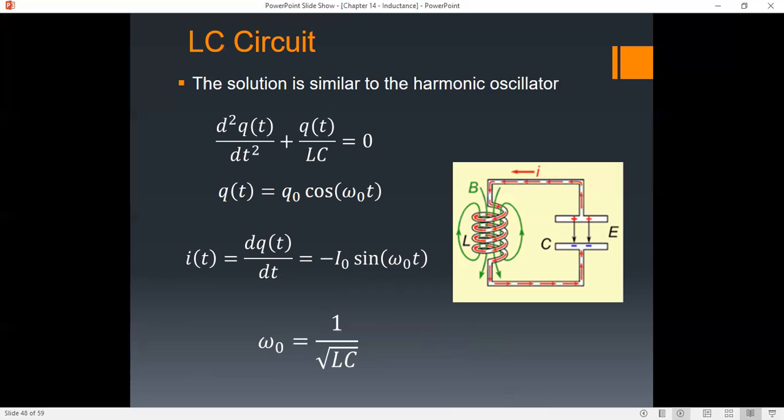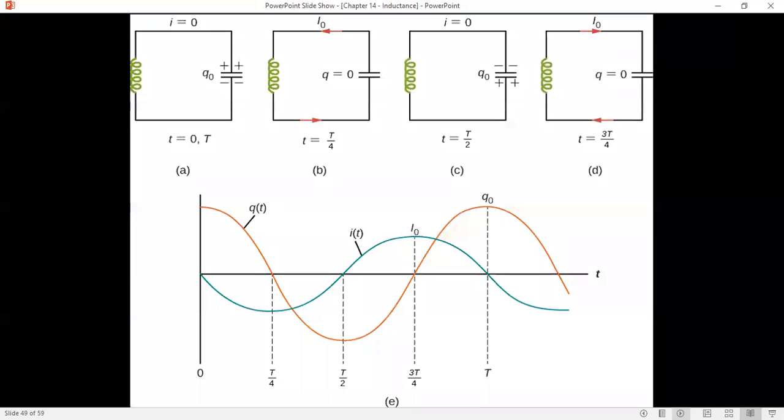So again, this is a very, very important circuit because it provides us with a means of creating an oscillator. Something that is going to oscillate back and forth at a very regular time period, which is related to the inductance and the capacitance. And again, here we can see as it oscillates, we start with the capacitor fully charged.